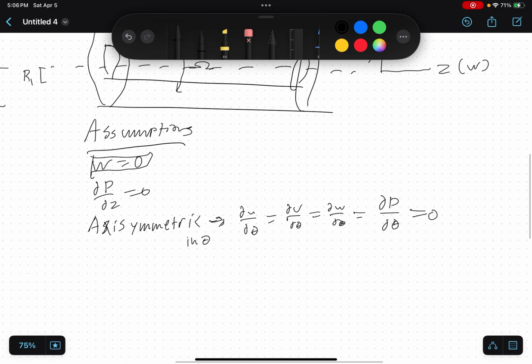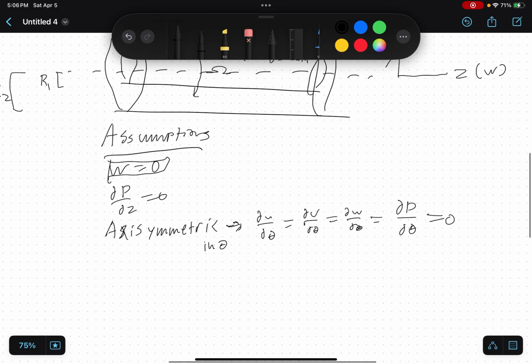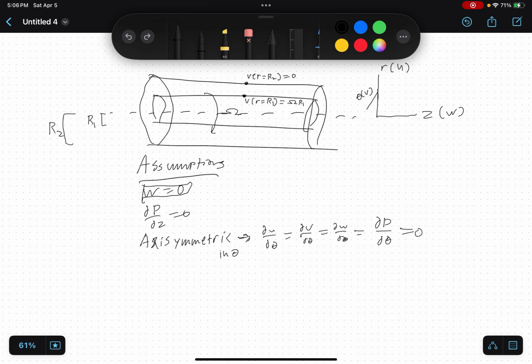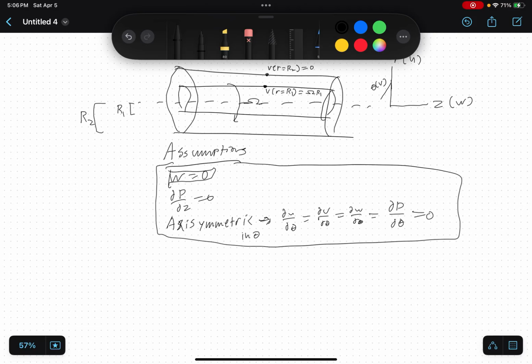Normally, like not axisymmetric, in fully developed flow, where all the d/dx's are 0, the dp/dx isn't included in that. But here, for axisymmetric only, you include this. I still don't really understand. My teacher explained it to me once, but I just wrote it down. But yeah, so these are our assumptions.